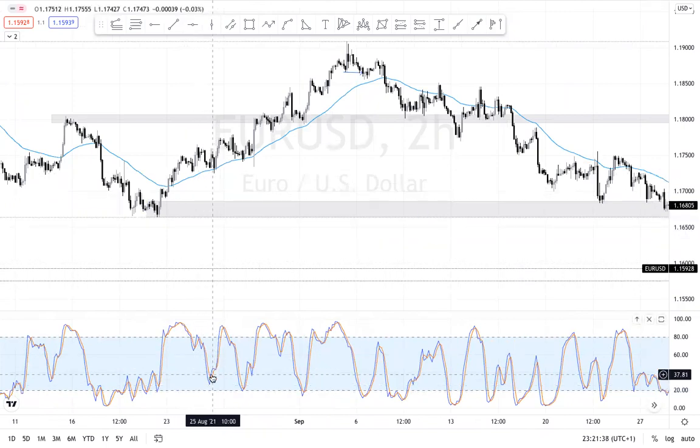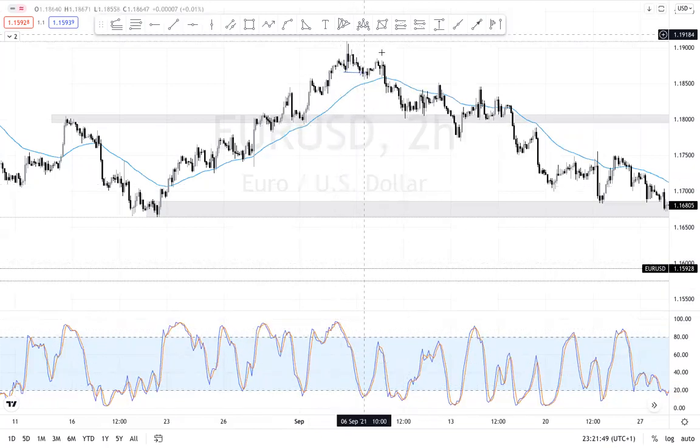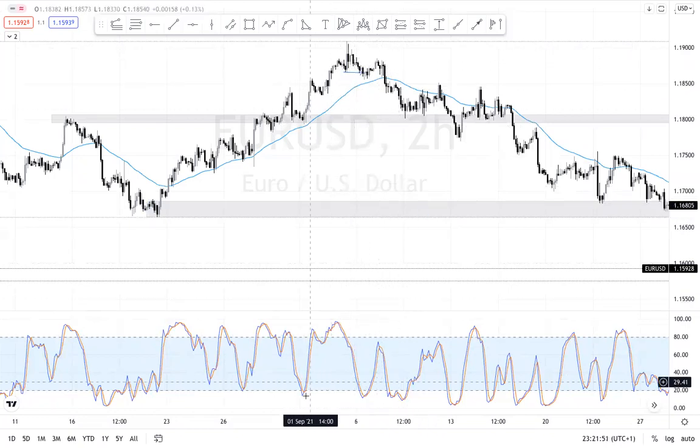So from this point now, let's look for the oversold regions. 1, 2, 3, and this is the 4th one. This was where the trend changed. So this is 3. Out of 3 you should be able to get about 2. Not bad.